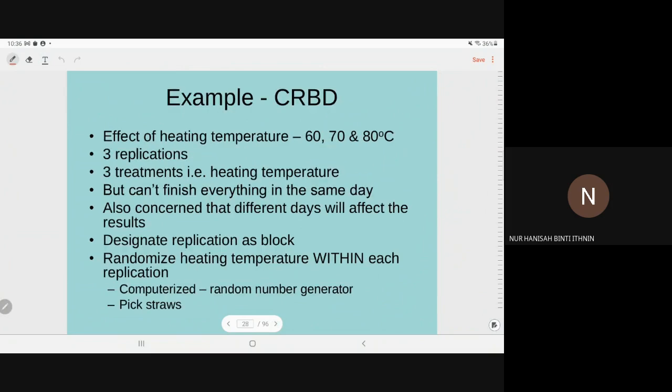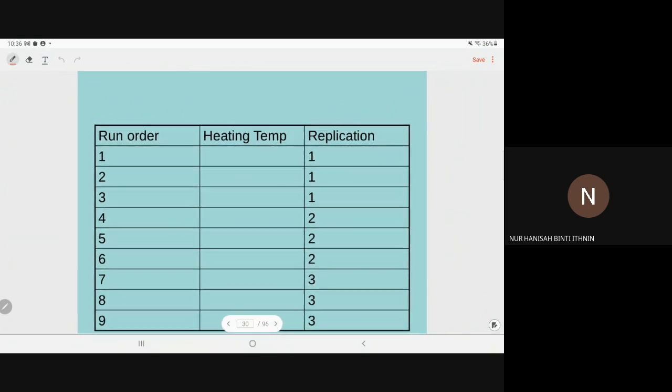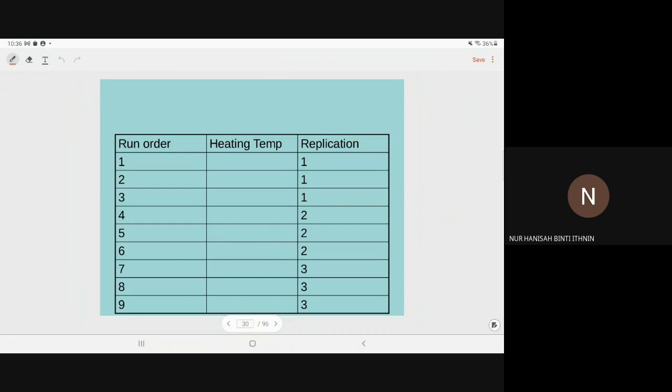Okay, so this is one example of how to record your run order. You can see that the replications are not randomized. First rep 1, followed by rep 2, and then followed by rep 3.